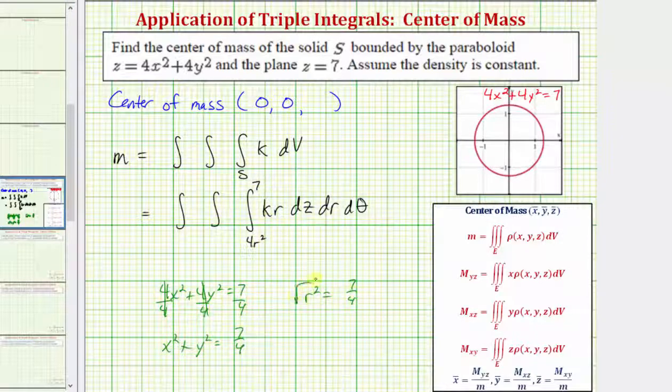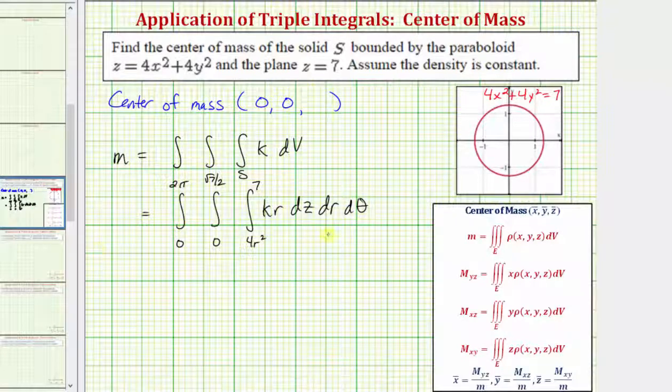Taking the square root of both sides of the equation, we know the radius r is equal to the square root of 7 divided by 2, which means the limits of integration for r are going to be from 0 to the square root of 7 divided by 2. And then for theta, we'll integrate from 0 radians all the way around the circle to 2 pi radians. So from 0 to 2 pi would be the limits of integration for theta.